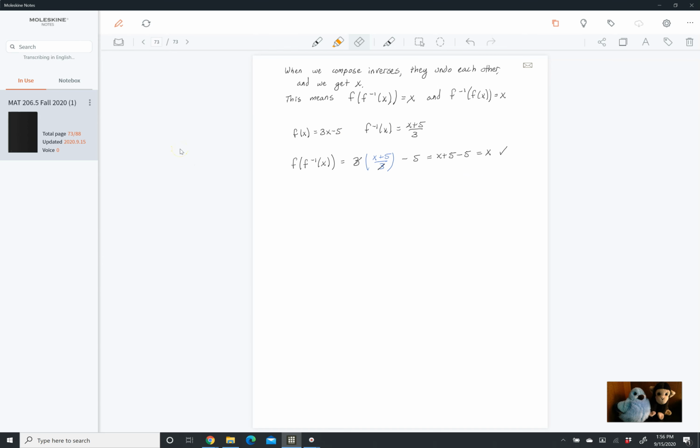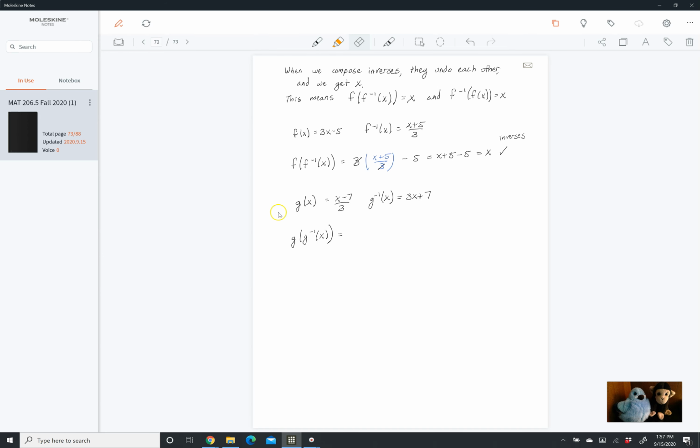Let's take different functions. Let's say we have g of x equals x minus 7 over 3, and g inverse of x, this is the one that we just found, as 3x plus 7. Okay, so these are inverses, yes. These we know to be inverses. We should get x. Let's do this as g of g inverse of x. So you can do it in either order. You'll get the same thing.